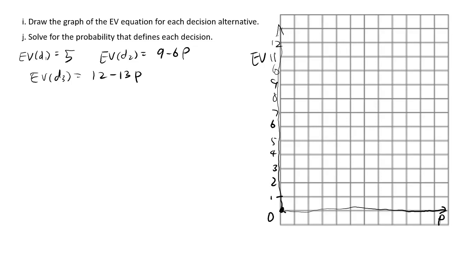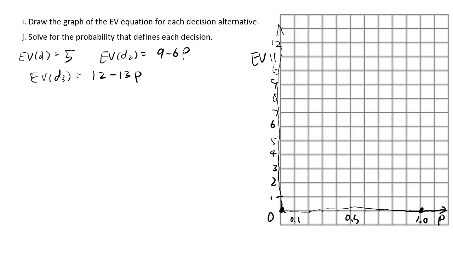For the P axis, it's good to have 10 divisions: 0, 0.1, 0.2, 0.3, 0.4, 0.5, 0.6, 0.7, 0.8, 0.9, and this is 1.0. So for these EV equation graphs, it's good to have your axis labeled from 0 until 1.0 with 0.1 as your spacing.